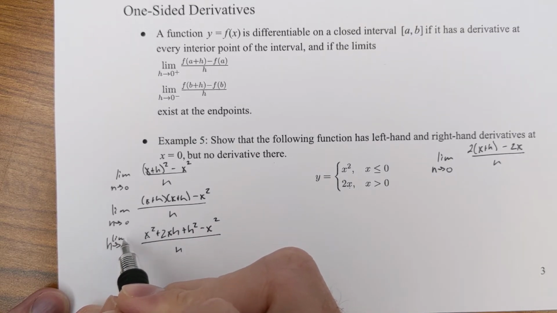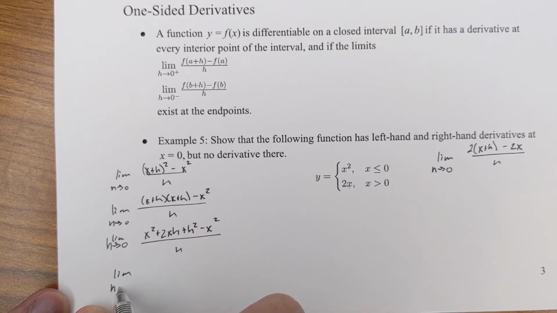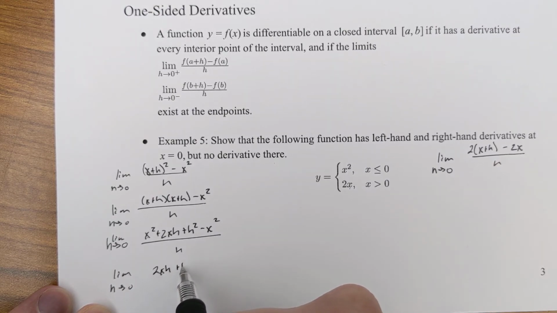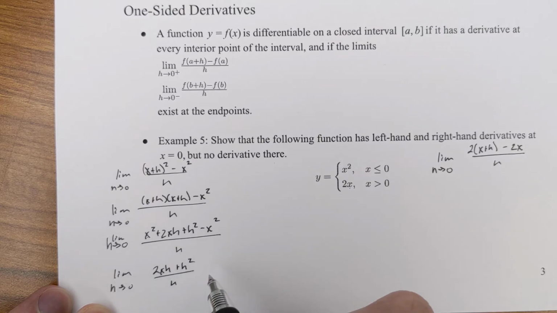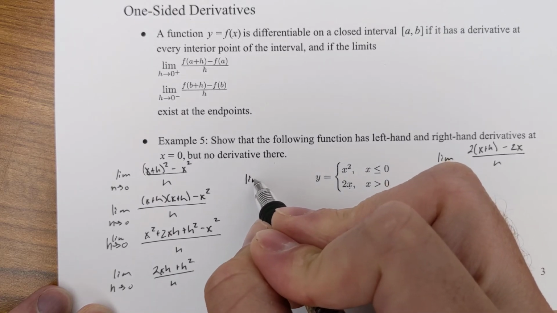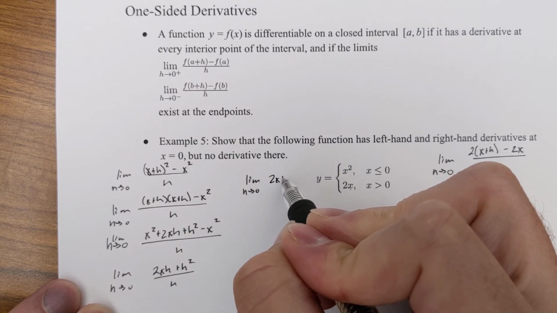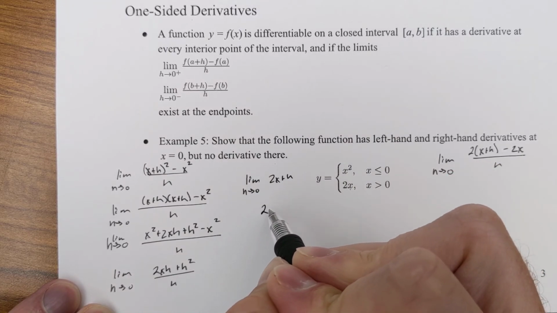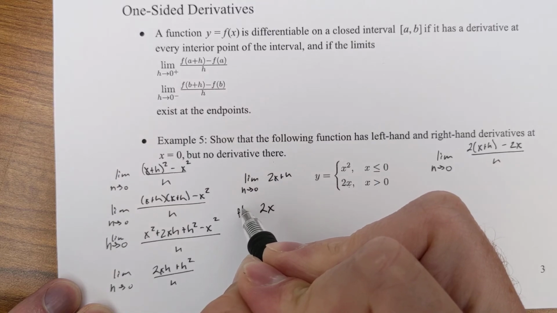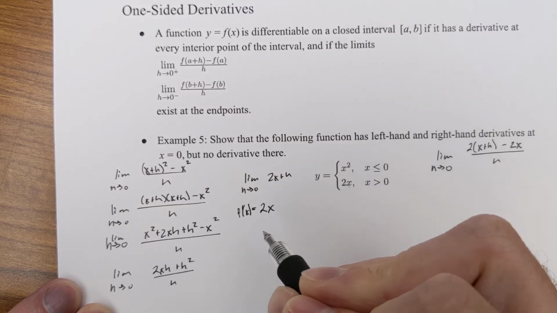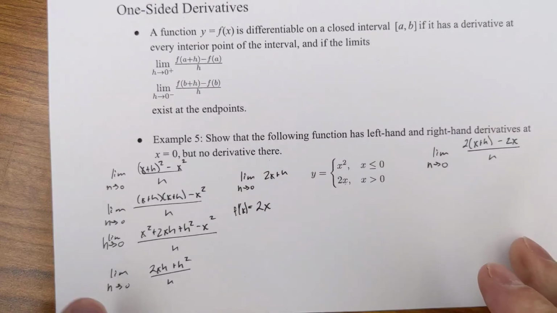Whoops, forgot the limit. Limit as h goes to 0 of 2xh plus h squared all over h, which becomes limit as h goes to 0 of 2x plus h, and if h is 0, this just becomes 2x. So f prime for the left-hand side is 2x.